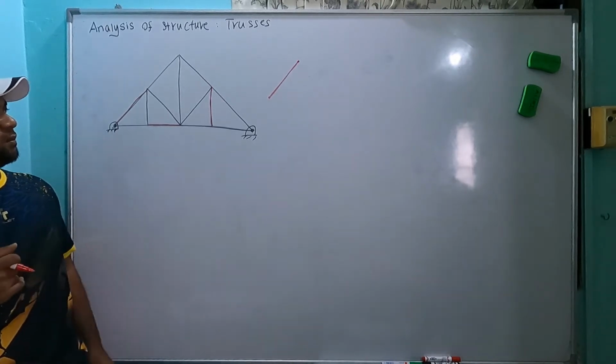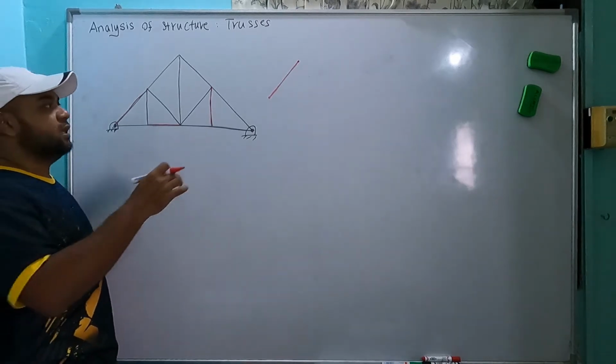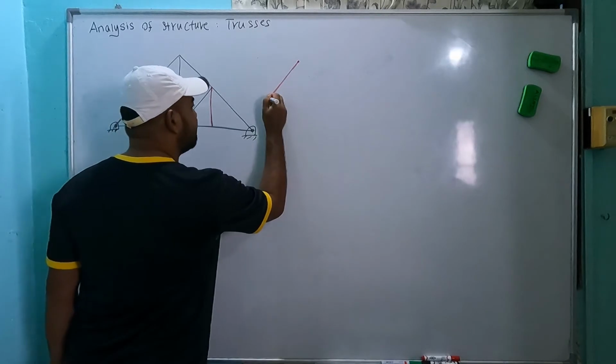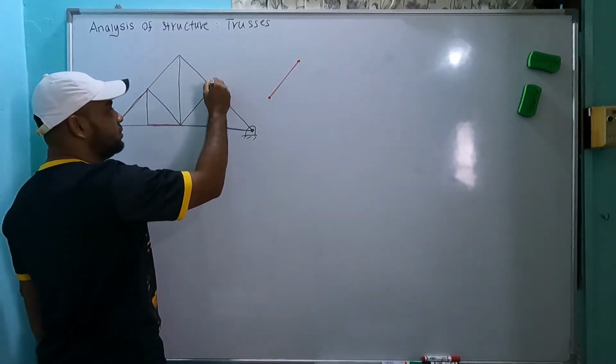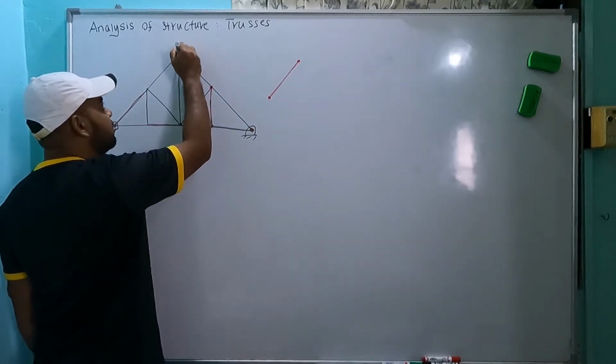In this case, we have this component, and this is the part where we join this component with another component, meaning that here we have a joint.